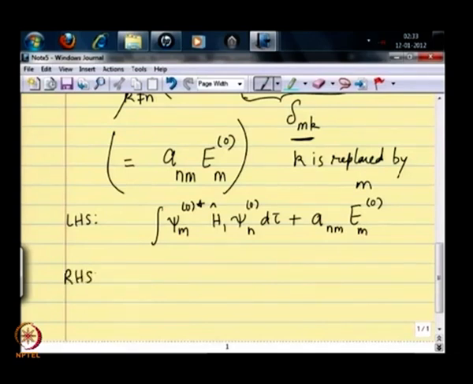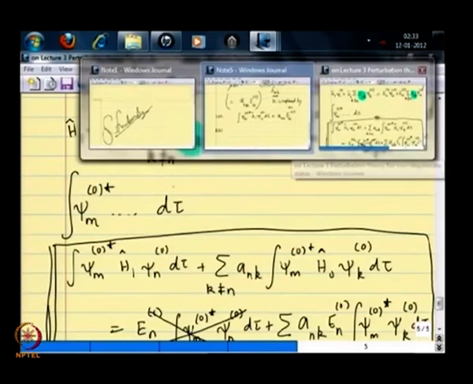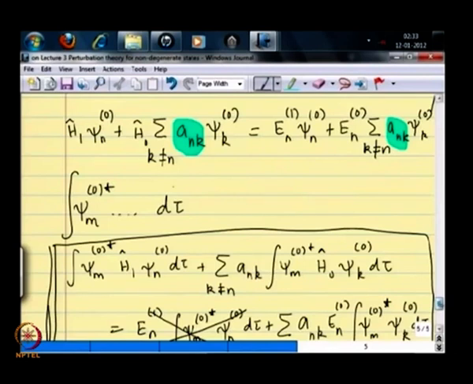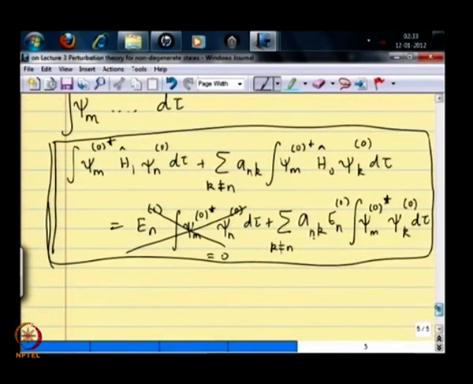Now, again, if we look at the right hand side of the result that we had written down, there is again only one term, which is a n k, k not equal to n, e n 0 psi m 0 star psi k 0.